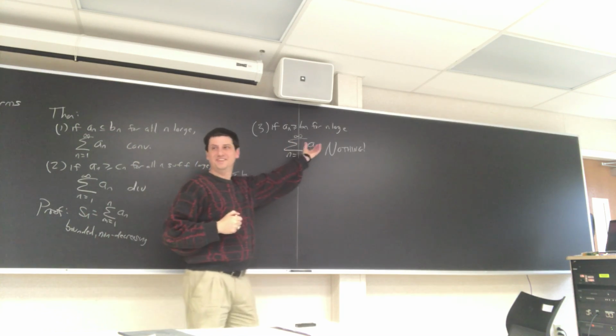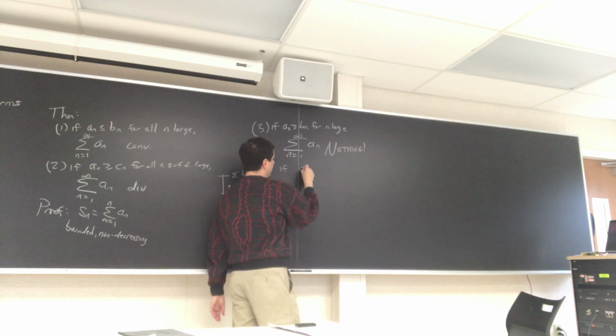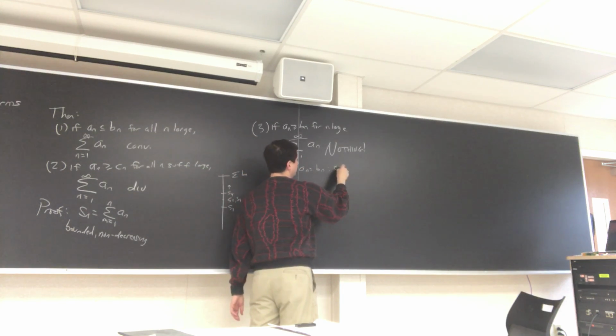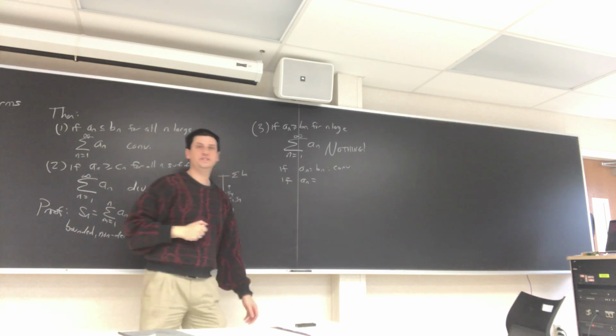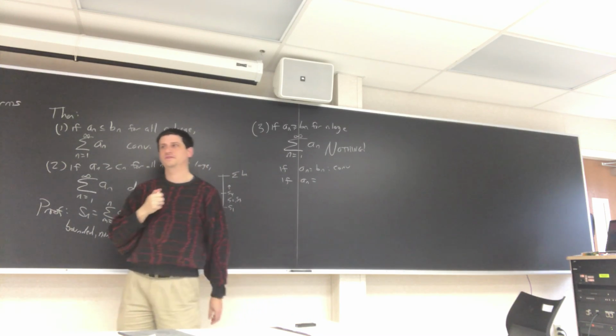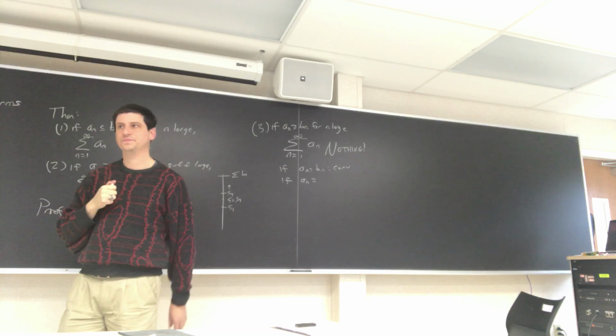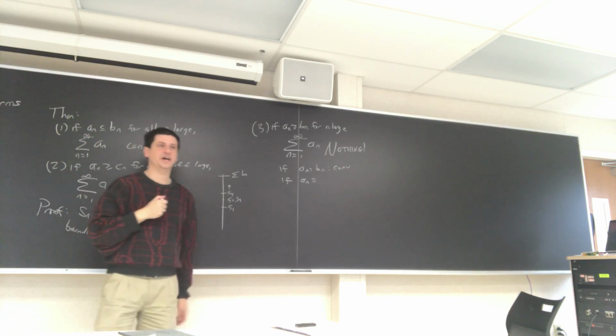A_n equals B_n. So if A_n equals B_n, you converge. Give me an example where it diverges. So what would be an example where it would diverge?